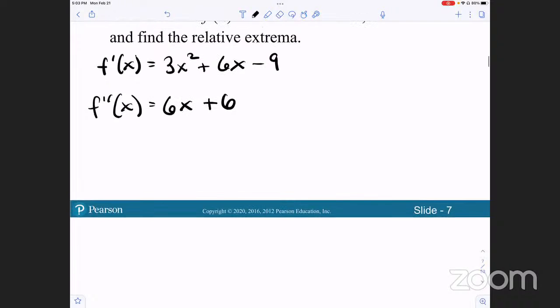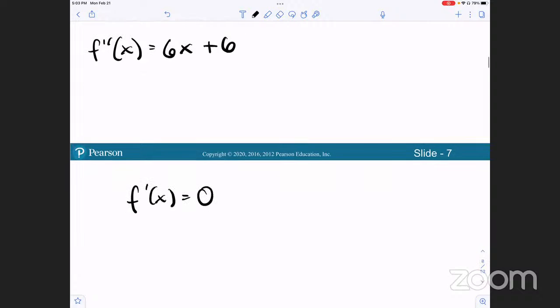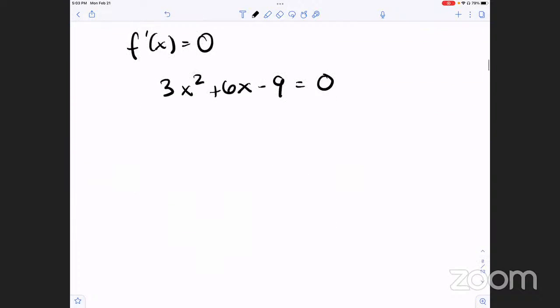Let's start with the first derivative equal to 0. What values of x? We set f prime of x equal to 0 and solve. So we have 3x squared plus 6x minus 9 equals 0. It looks like we can factor out a 3, or divide all terms by 3. If we do this, we'll get x squared plus 2x minus 3 equals 0.